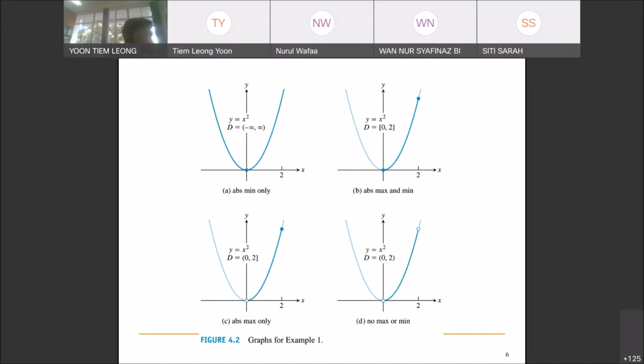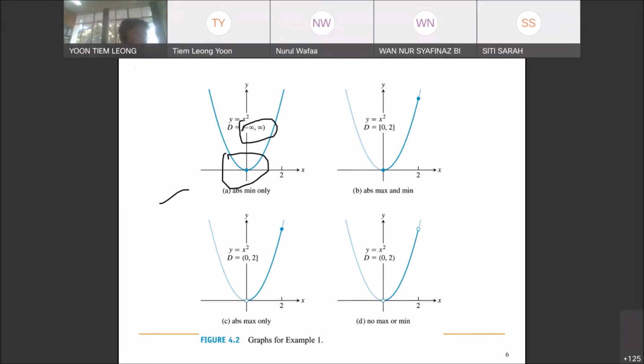The domain goes from negative infinity to positive infinity. This is an example of an open interval. Within these open intervals, you don't have any absolute maximum, but you have only an absolute minimum, okay?